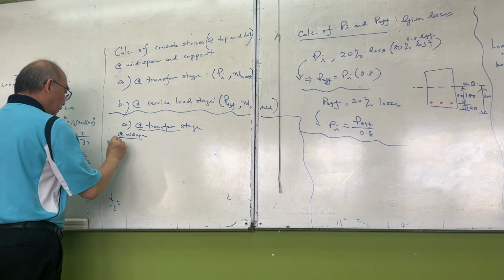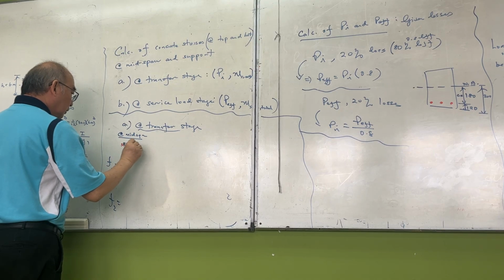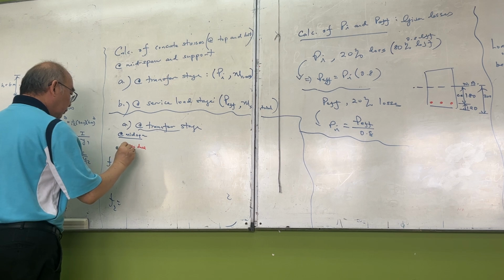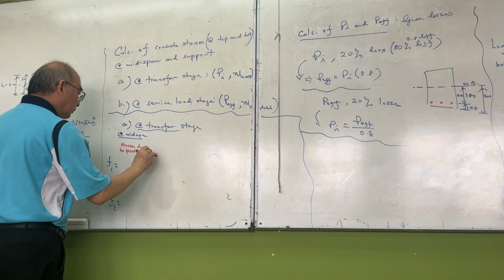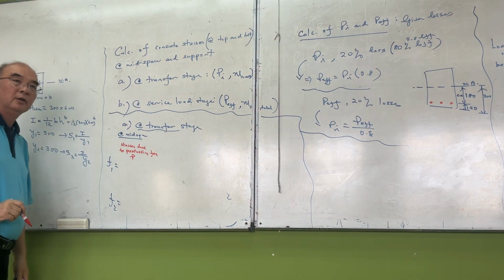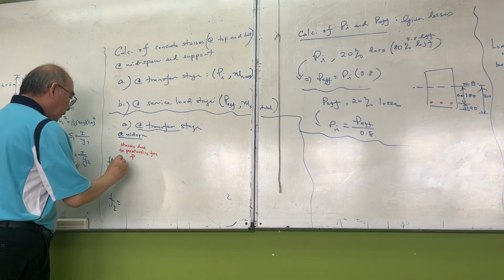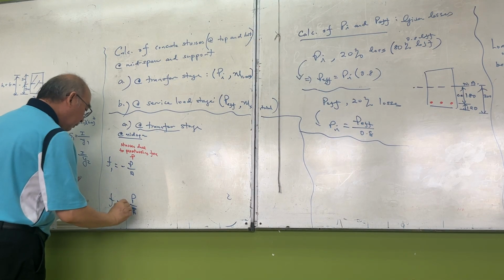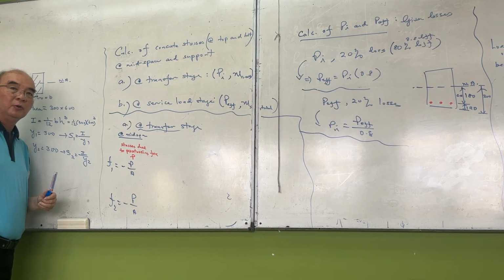First is stresses due to pre-stressing force P. So this is negative P over A, also negative P over A. Whether it is top or bottom, it is negative P over A, negative P over A.